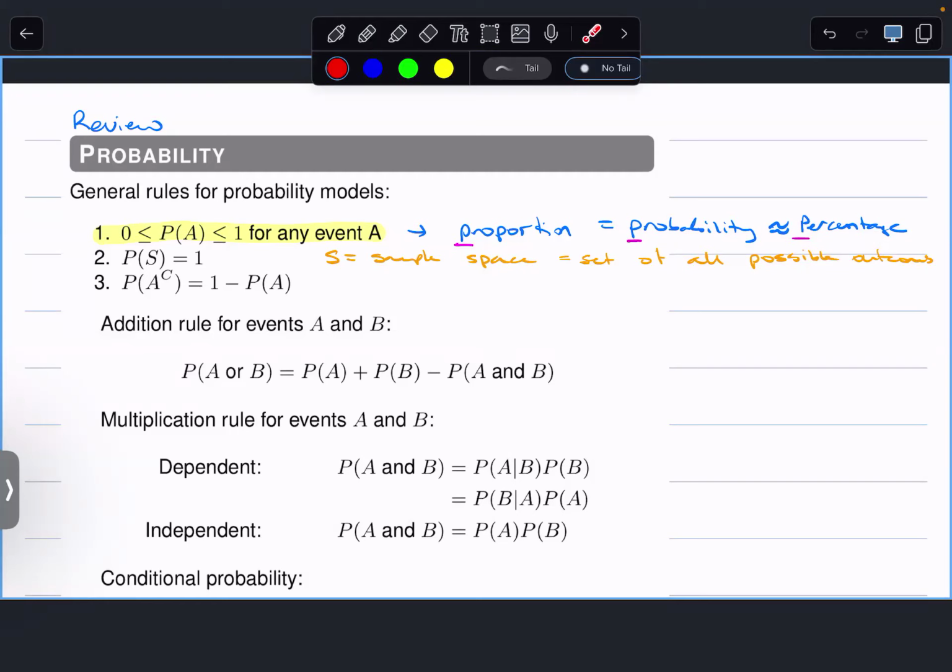So I flip a coin, the result is either heads or tails. They can't happen at the same time. And then each of the probabilities listed in the probability distribution has to be between 0 and 1, and they have to add to 1, otherwise you haven't listed all the possible outcomes. And then the complement is just the probability of it not happening.